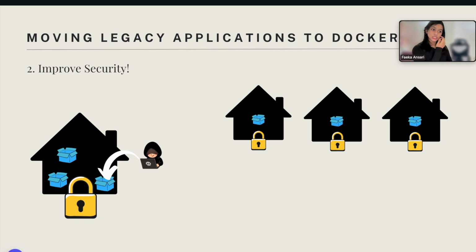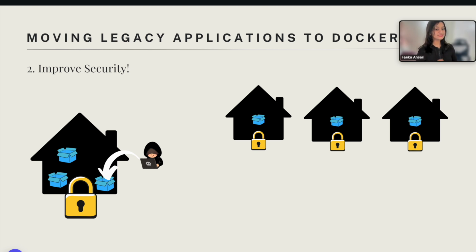So with Docker, what you do is each application will run in its own isolated environment. You can imagine this like you're running, say, 3 legacy applications, as you see, app 1, app 2, and app 3, and without Docker they might all share the same operating system, right? So if app 1 has a security hole, a hacker might gain access to app 2 and app 3 as well, just because of this.